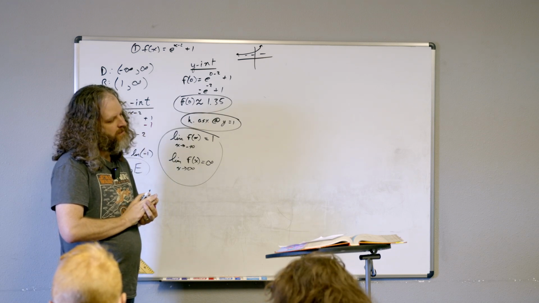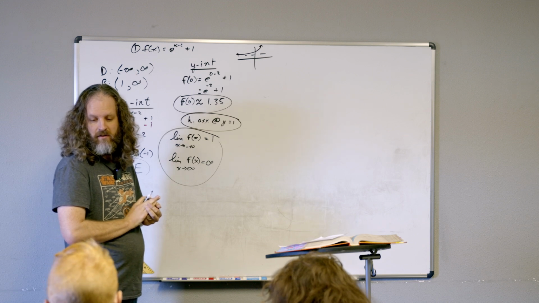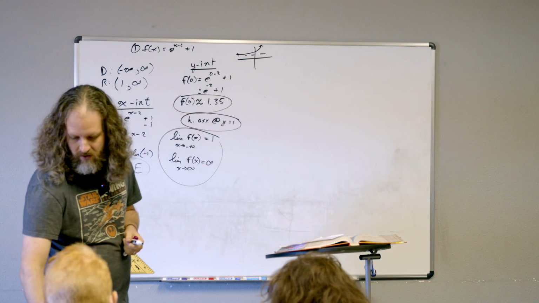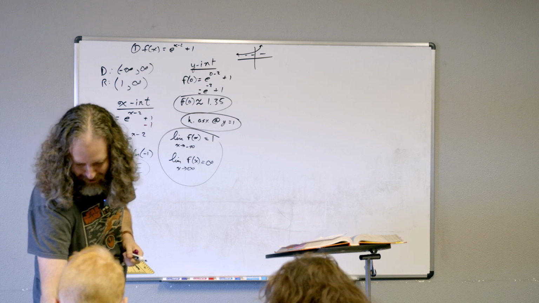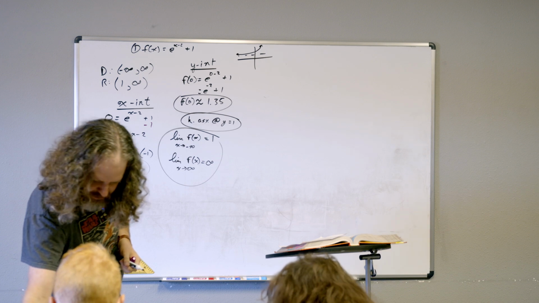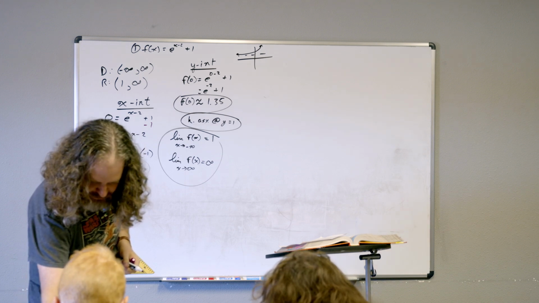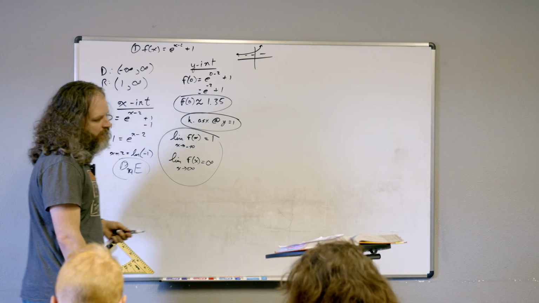It's negative infinity, right? It's going down. As x is approaching positive infinity, the graph is approaching negative infinity. Nice. Yes. Okay.